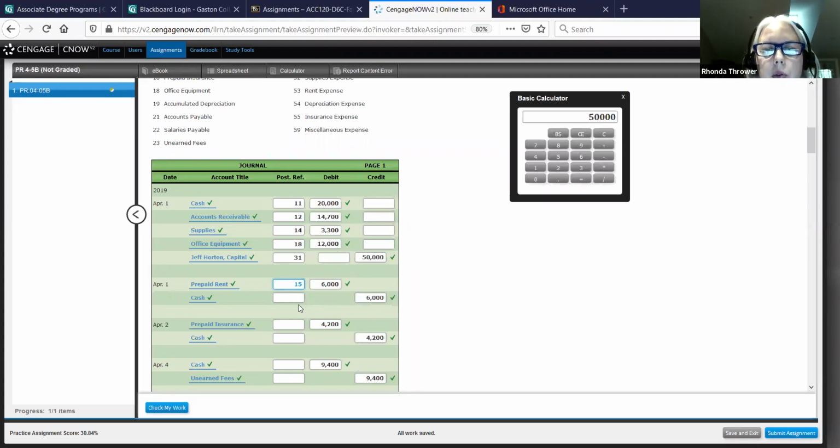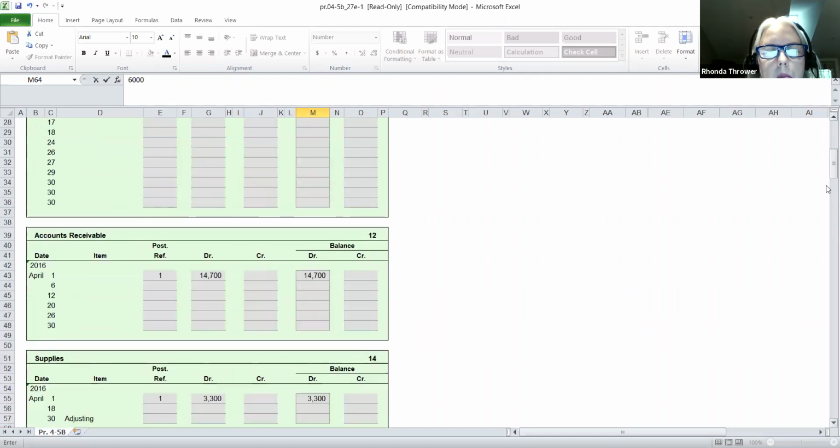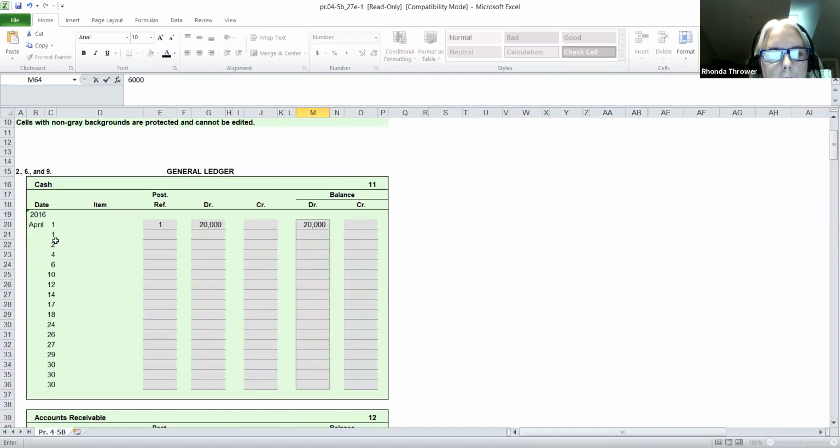Then we're going to go to our cash account. This is the second transaction that would be posted to the cash account.